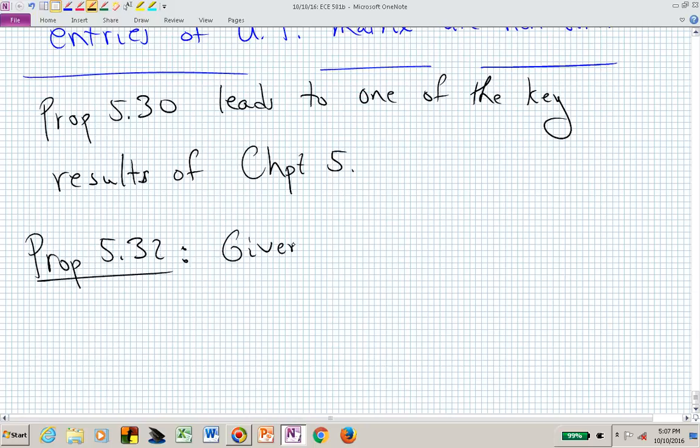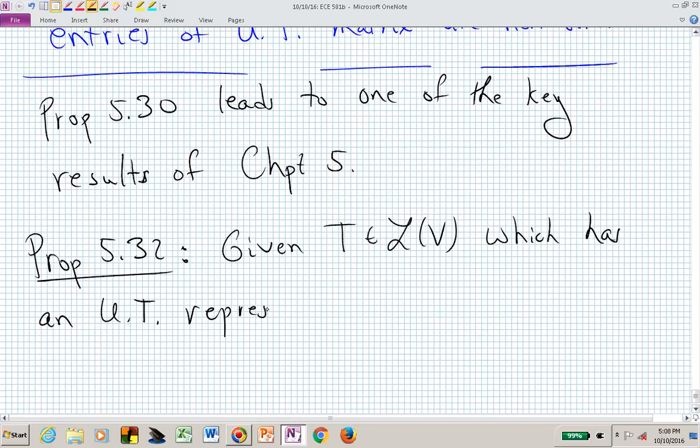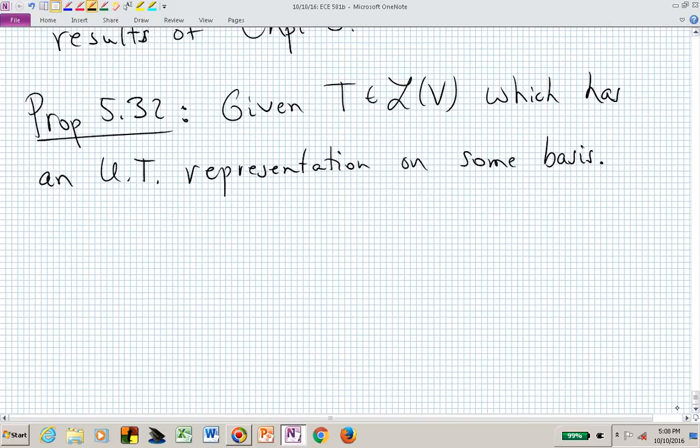Given this linear operator T on this vector space V, which has an upper triangular representation on some basis. So that's given. We have this linear operator T, and it has an upper triangular representation on a basis.